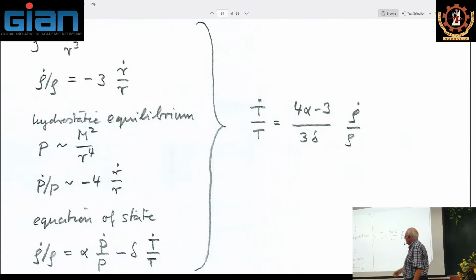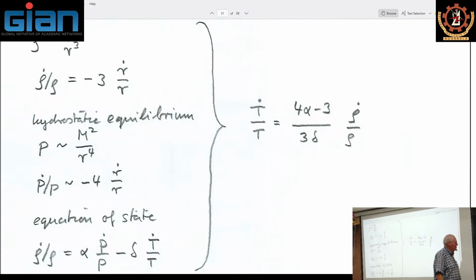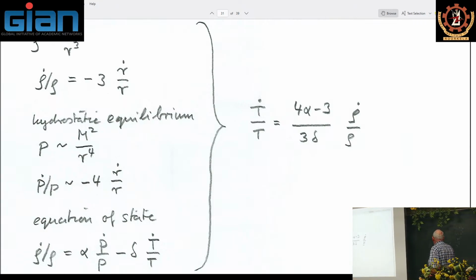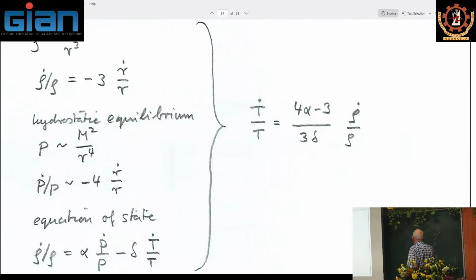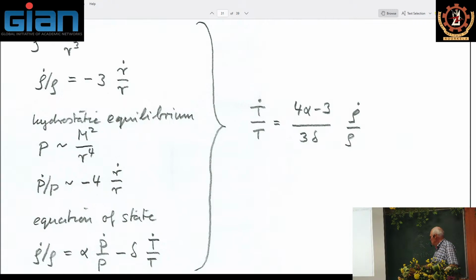Okay, so we have used the definition of density, we have used hydrostatic equilibrium, our star will be in hydrostatic equilibrium, and finally what we need is the equation of state. The equation of state is written in the usual form. We differentiate the equation of state. Rho is a function of pressure and temperature, and if we differentiate this relation, then we have rho dot over rho is d log rho by d log P at constant temperature.